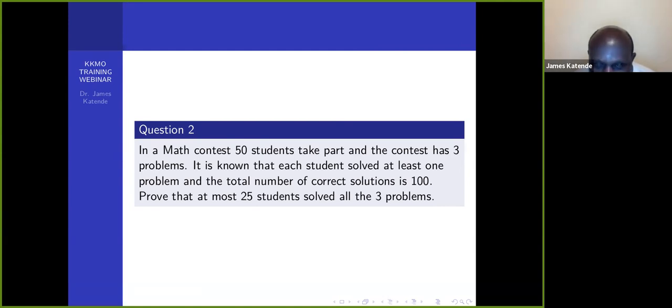So the largest number of students who solved all the 3 problems should be 25. With just the given information, we need to prove this. Again, we can give a minute for anyone with ideas to see if this is solvable.